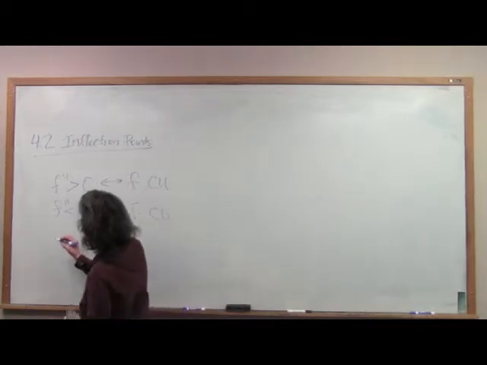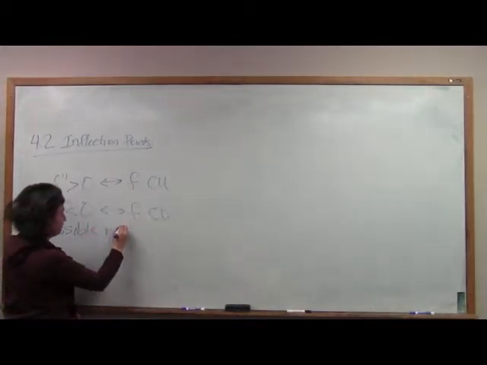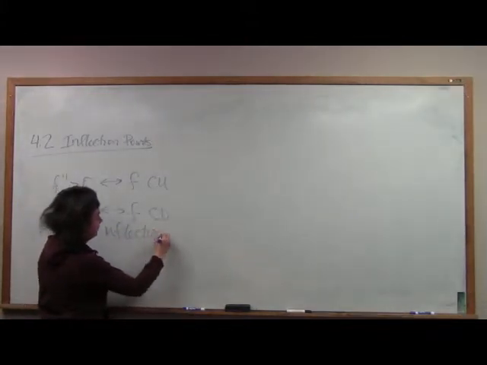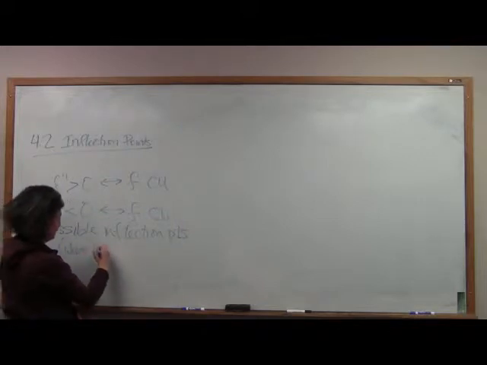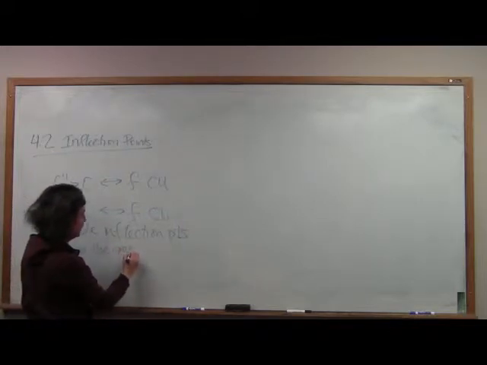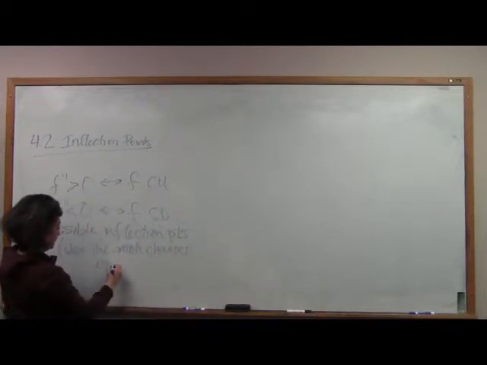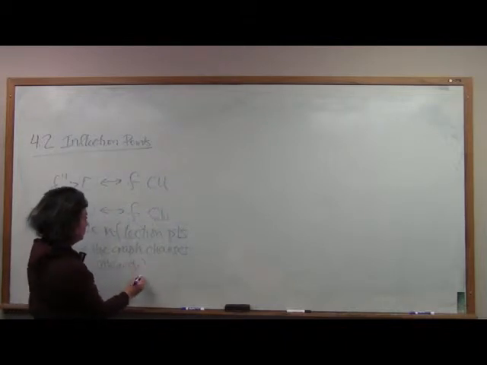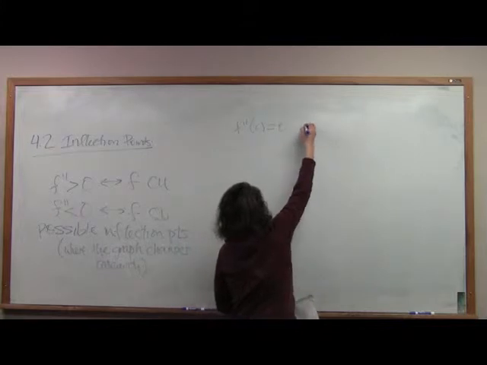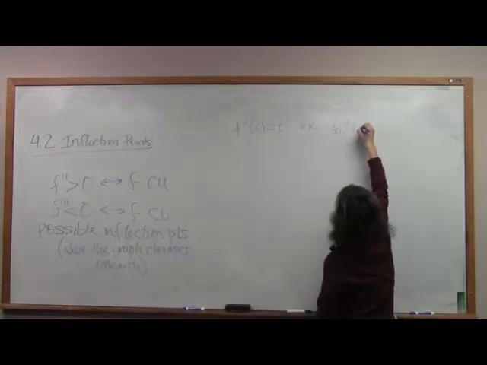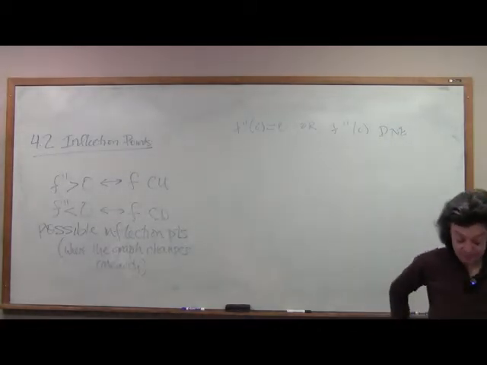Okay, so possible inflection points, which again is where the graph changes concavity, are where the second derivative is equal to 0, or again, there is the possibility where it doesn't exist.